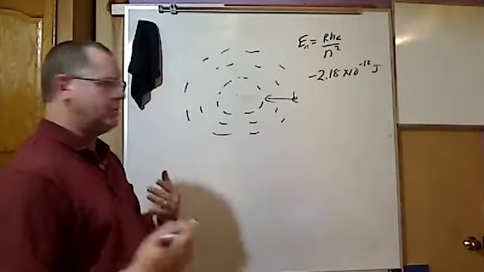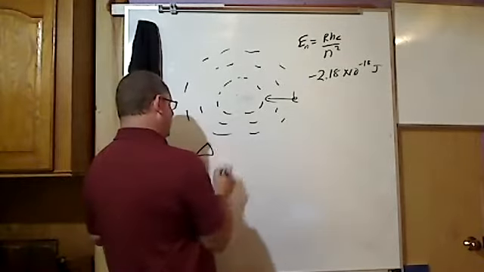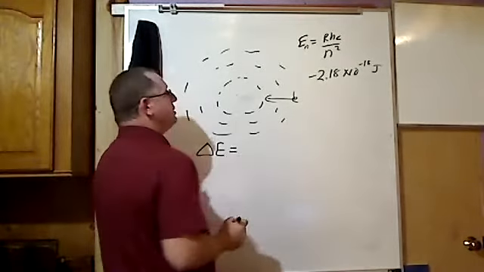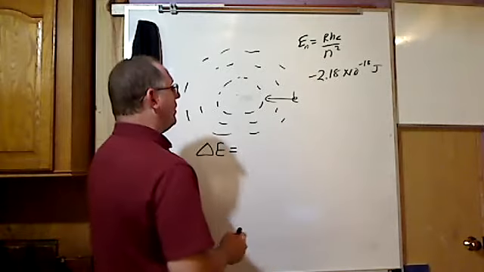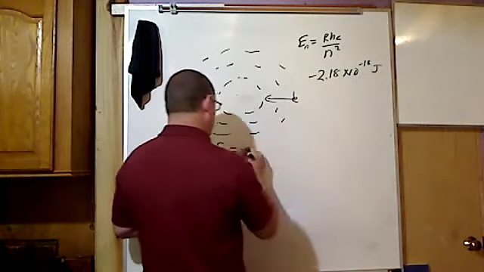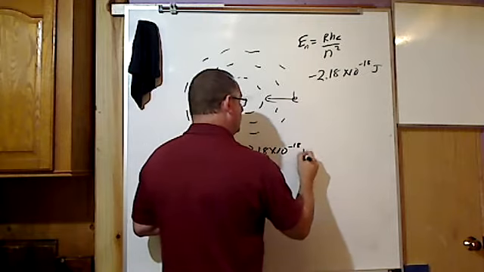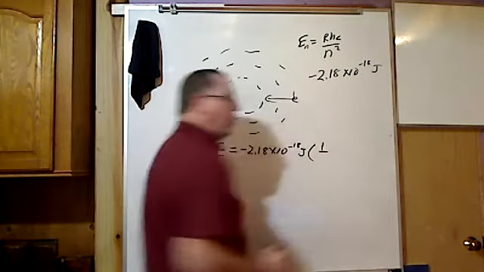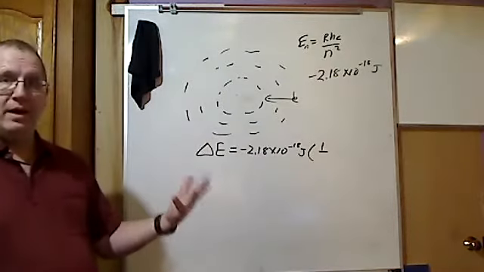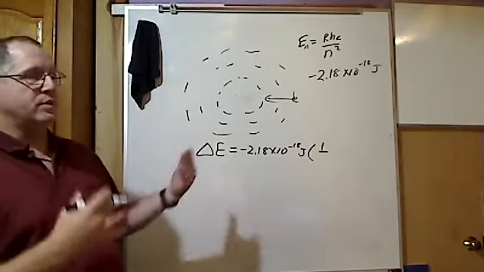So if I take two energy levels and I subtract them, this is going to give me a change in energy, which is going to be equal to that negative RHC, negative 2.18 times 10 to the negative 18 joules, times 1 over n squared for my final minus 1 over n squared for my initial.